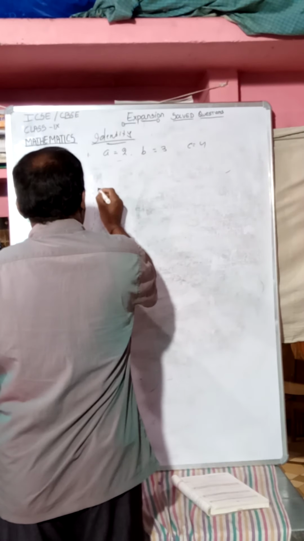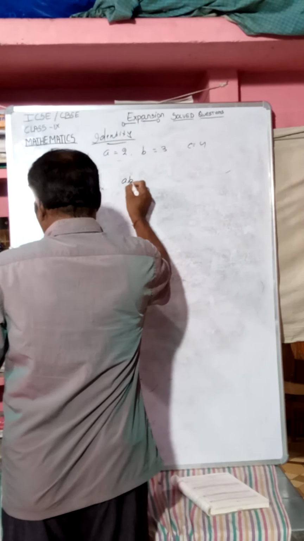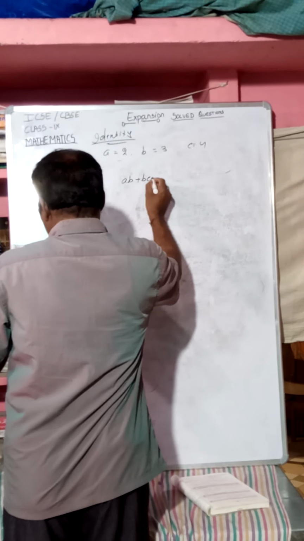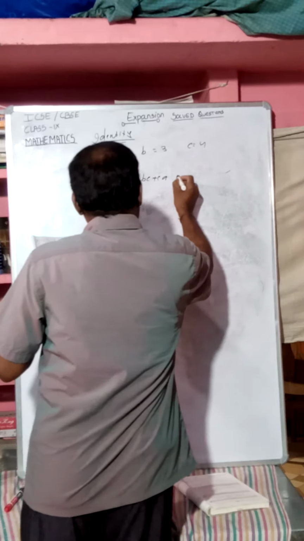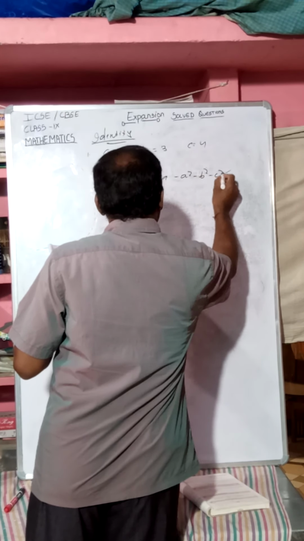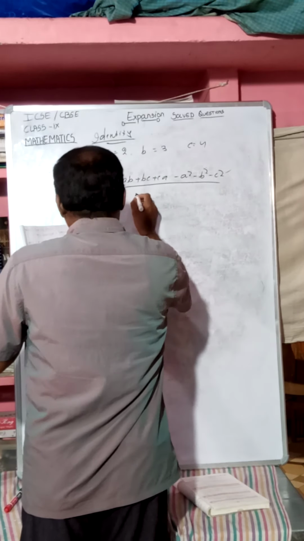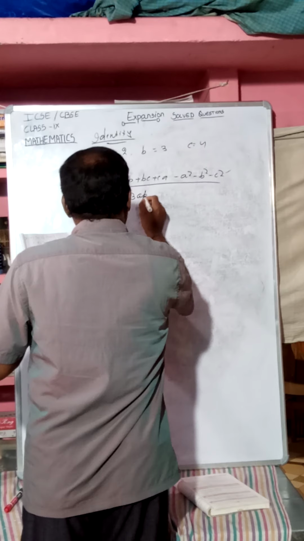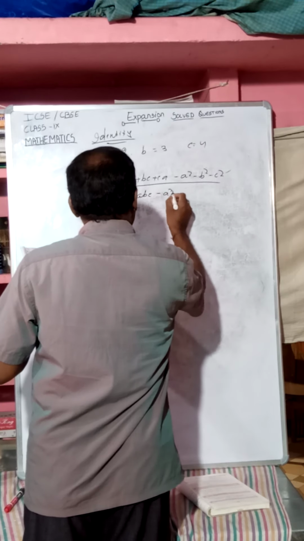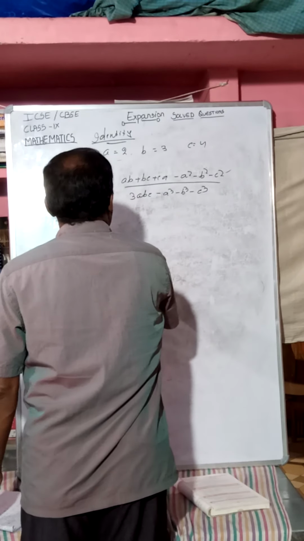Now find ab plus bc plus ca minus a square minus b square minus c square over 3abc minus a cube minus b cube minus c cube. What is the value of this?